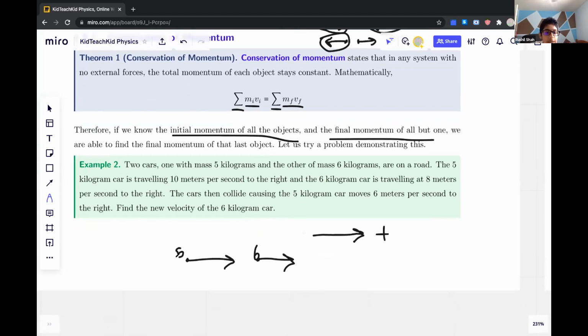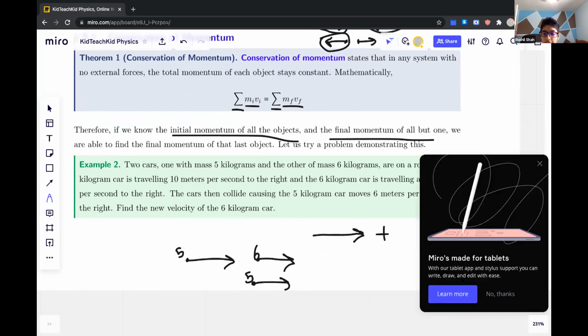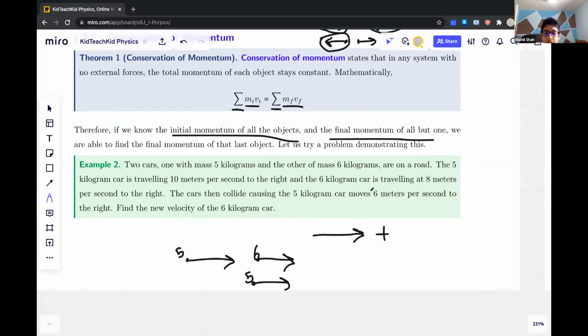Okay. And then we know that they collide, and the 5 kilogram car now still moves right, but it's a bit slower because originally it was at 10 and now it's moving at 6. And we want to find the velocity of the 6 kilogram car.